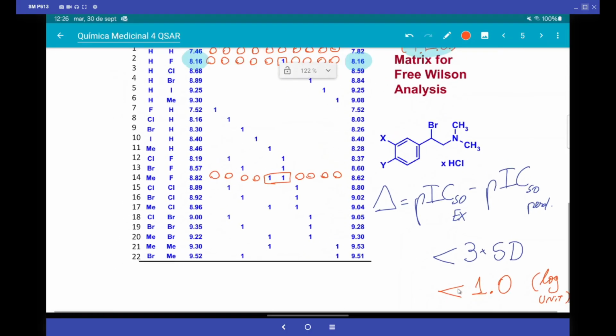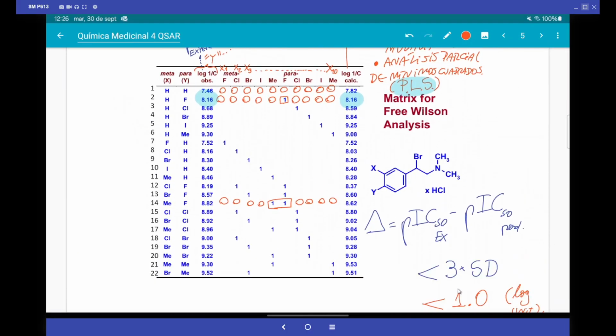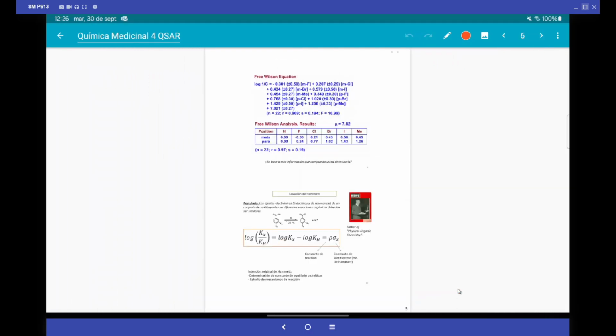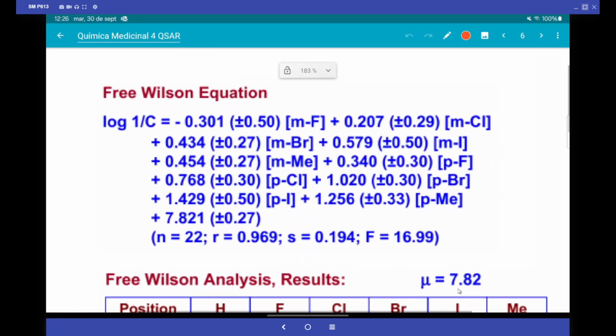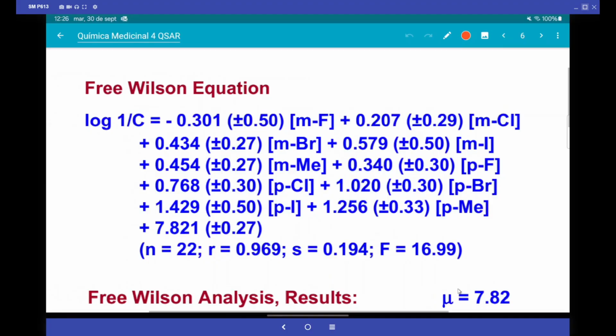Let me close the idea: when you look for the regression equation, you get to this, the Free-Wilson equation.